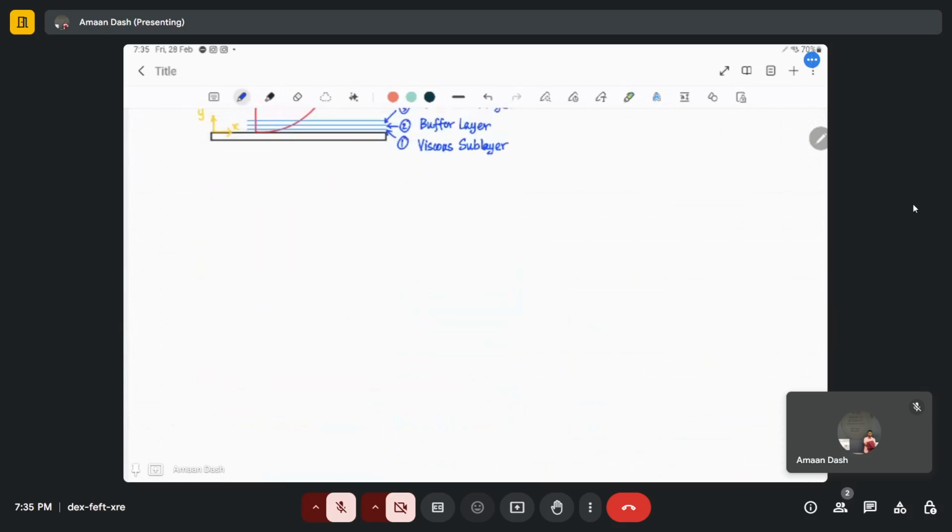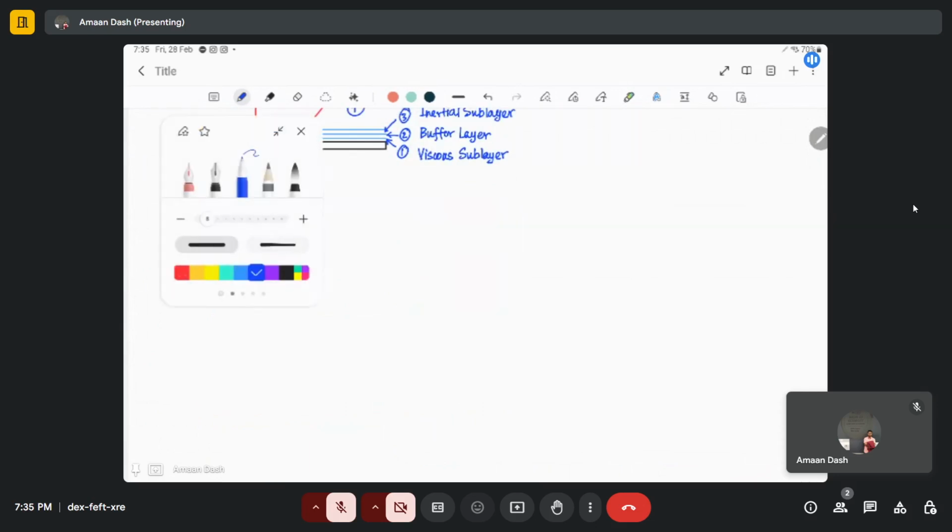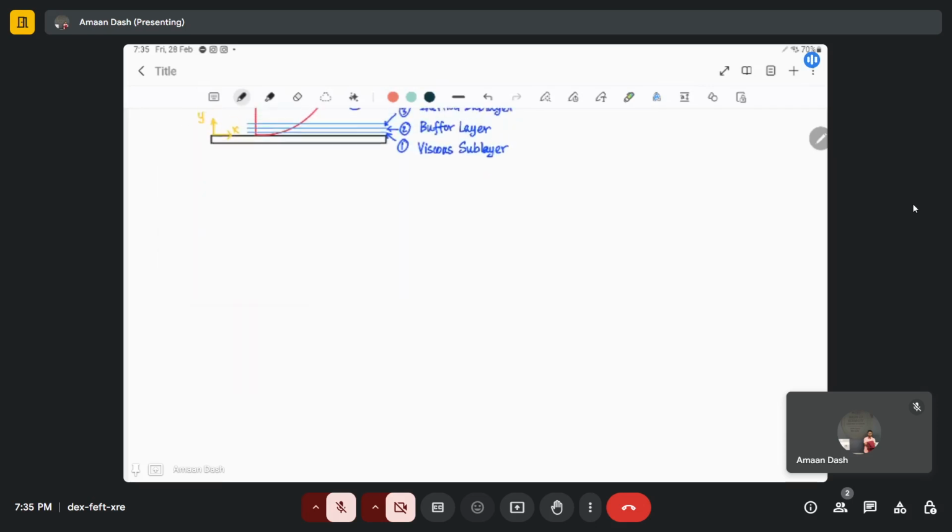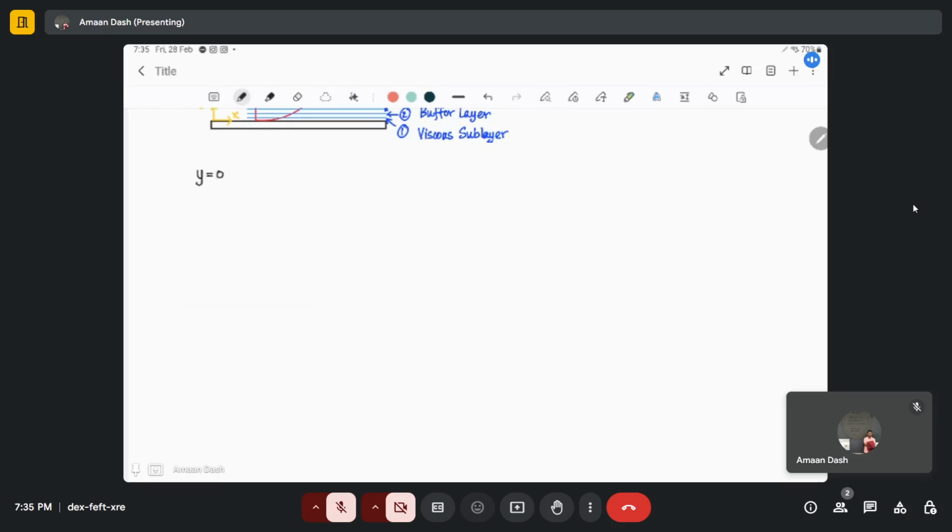Okay, for now, let us consider that the time smooth shear stress acting on the wall at y equal to 0 be called tau 0. That is here.